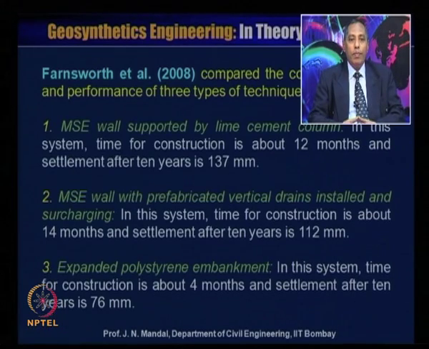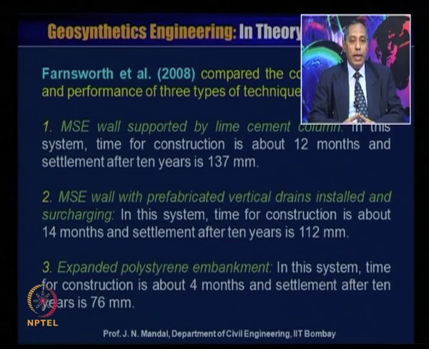Number 2, mechanically stabilized earth wall with prefabricated vertical drain or PVD or wick drain or band drain installed and surcharging. In this system, time for construction is about 14 months and settlement after 10 years is 112 millimeter.